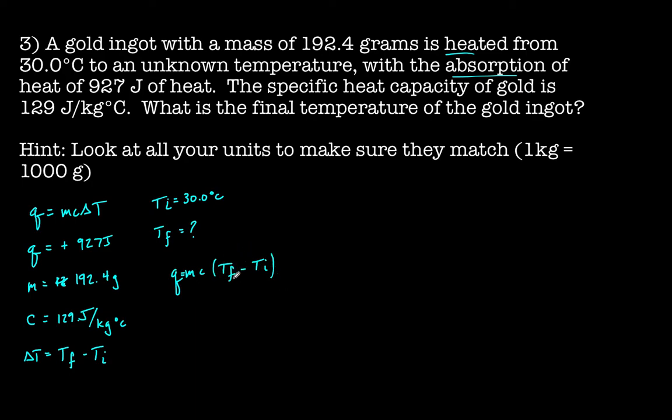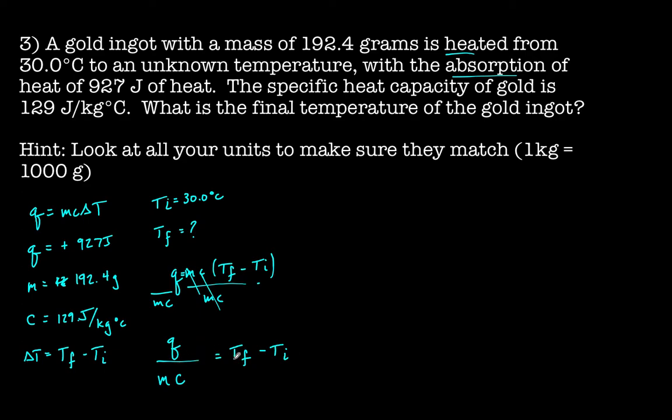Again, my final temperature is what I want to get, so I'm first going to get rid of the mass and the specific heat capacity on either side so that they cancel, and I'm going to rewrite it. My heat divided by mass times specific heat capacity is equal to my change in temperature, TF minus TI.